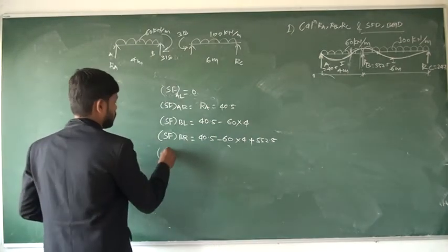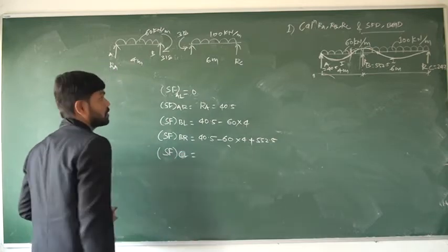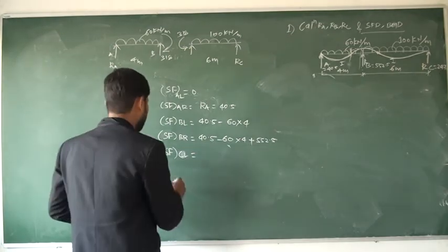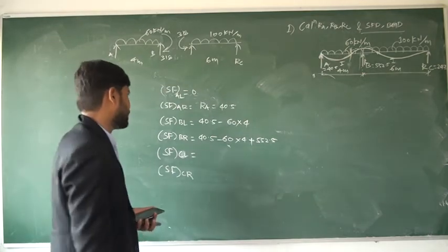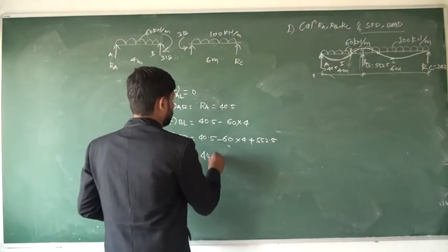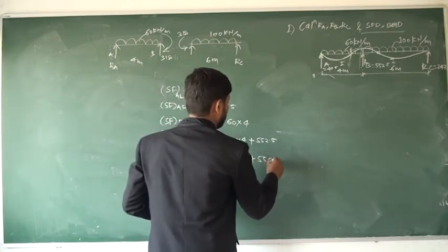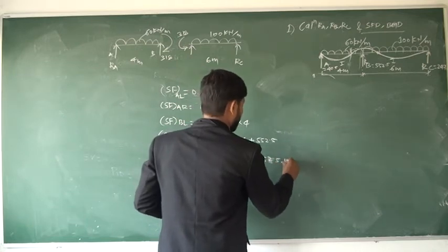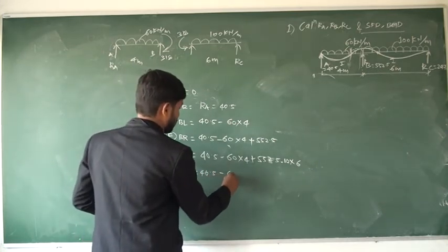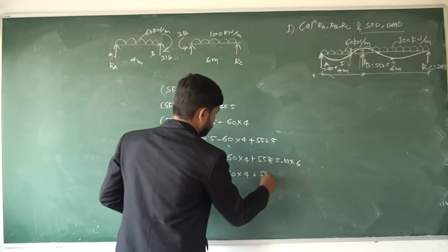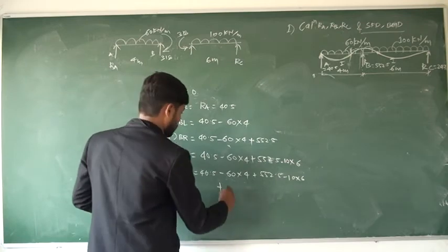Then shear force at C left, without considering RC: 40.5 minus 60 into 4 plus 552.5 minus 100 into 6. And at C right, with considering RC: plus 247.